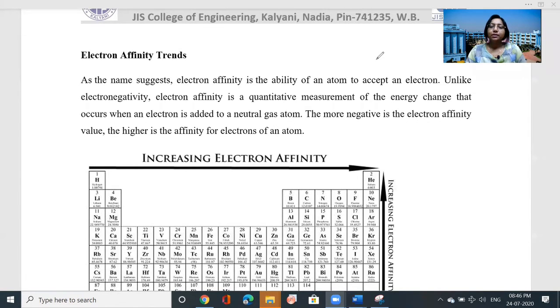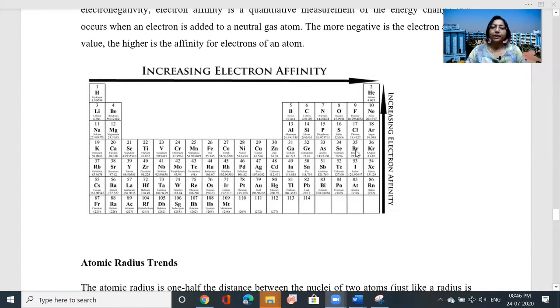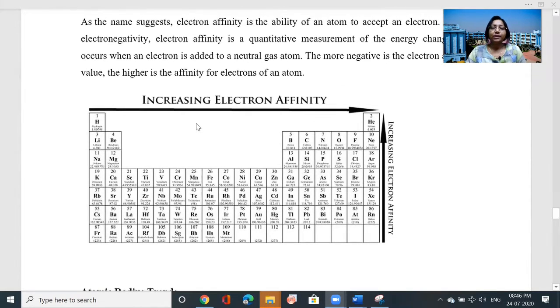So here, see this periodic table, then you can see the increasing order of electron affinity. Which one is the increasing order?